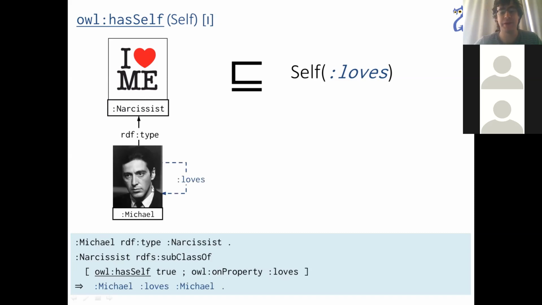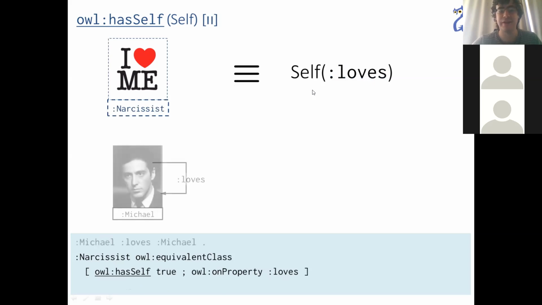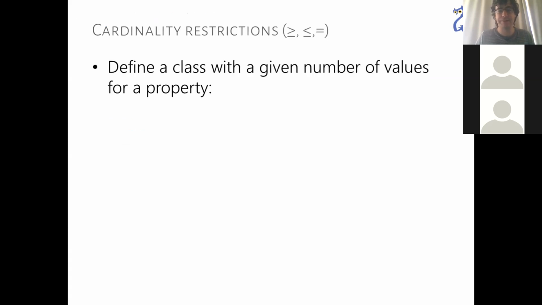We can also try to do that in a sort of equivalence class relation. So if we generalize this and say that actually these two definitions are equivalent, then if we know that Michael loves himself, we know that Michael is a narcissist. Okay. So this is the has self definition.